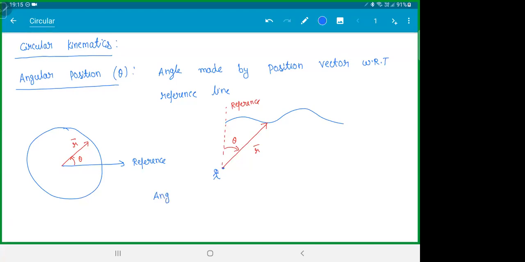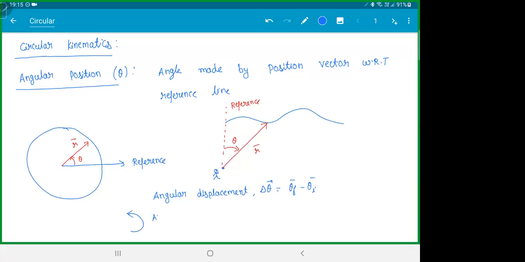Here we define something called angular displacement, delta theta, which is a vector, theta final minus theta initial. Remember, this has a direction. If you rotate, we use the right hand thumb rule.